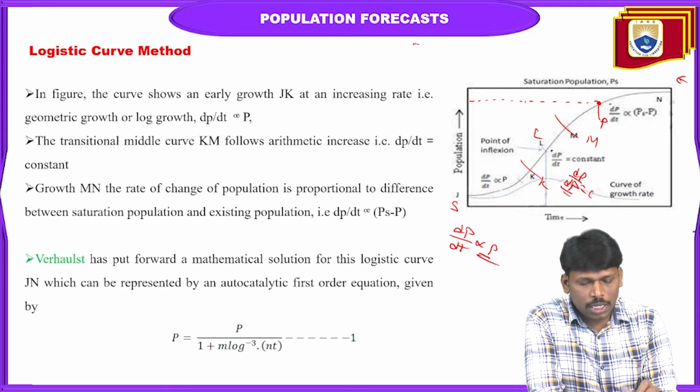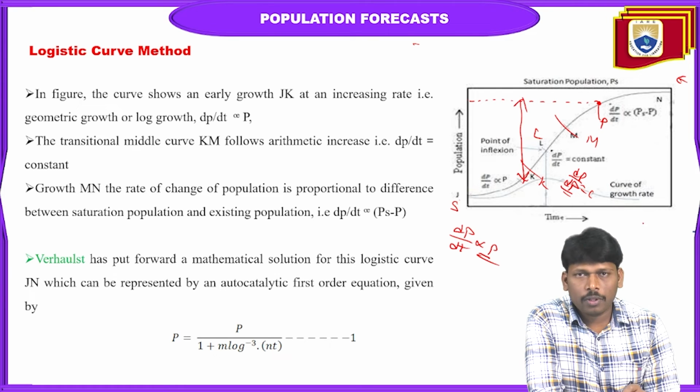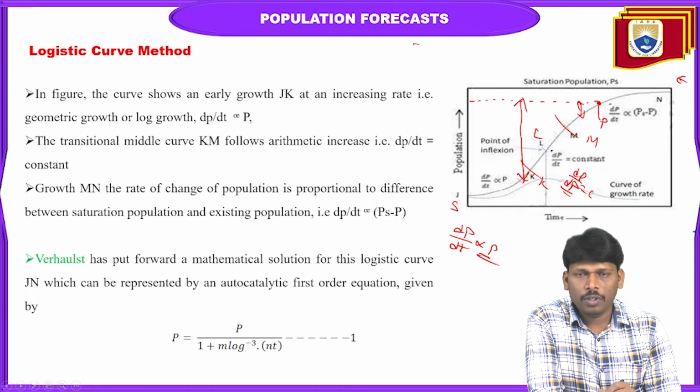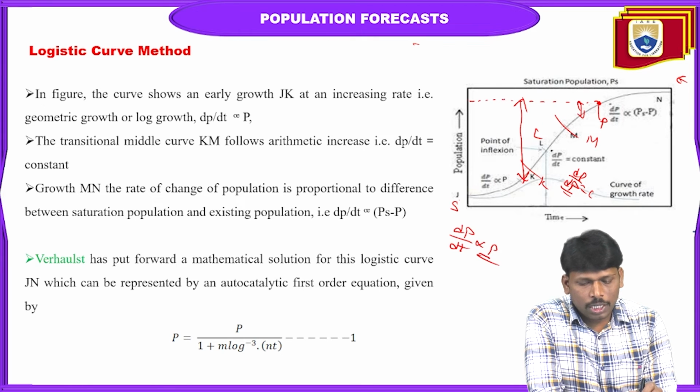Now in the initial stage, as you can see, the saturation difference here. When the population reaches this level, this much only is the saturation difference. So we can say that the saturation of this particular city is not only dependent upon the population growth, it also depends upon the area.